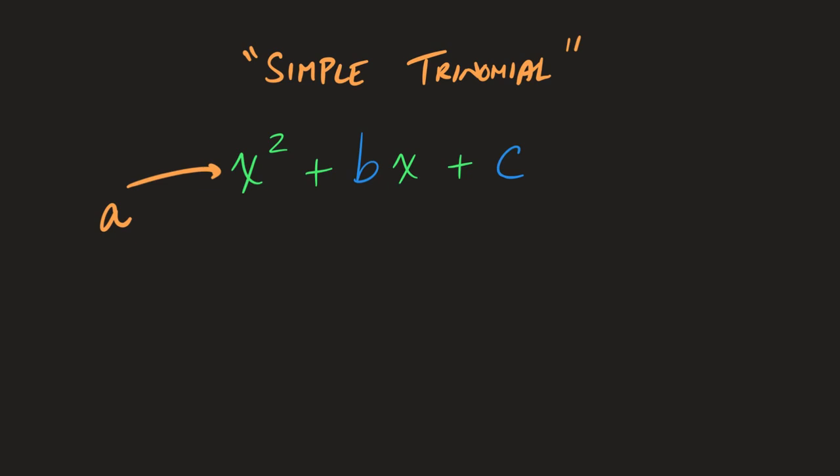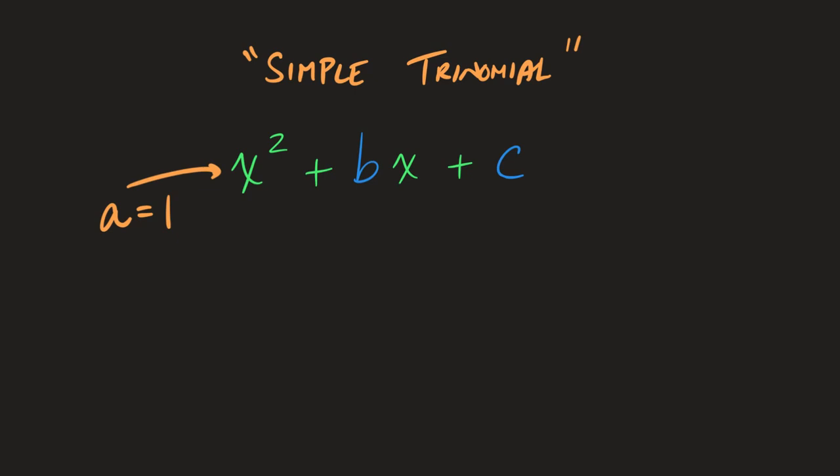So what you're going to see when we progress our way through more complex trinomials is that we're going to have an A value there that we can see. We don't see an A value there, and so we know whenever we don't write a coefficient, that means the coefficient has a value of 1.